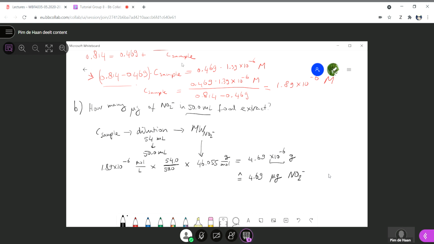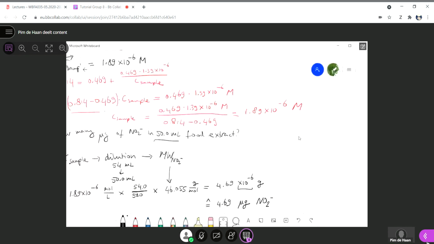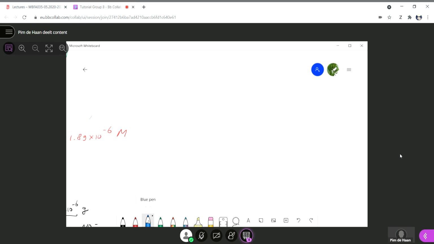All right, questions about B before we go back to A and finish that one? Because Lobke is absolutely right. We now know the concentration. So now I'm back at A. C equals this.